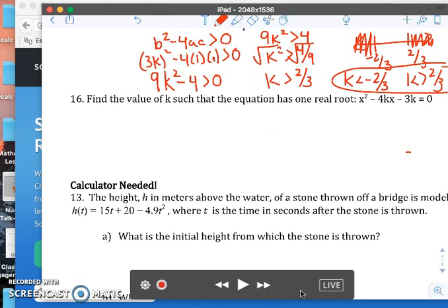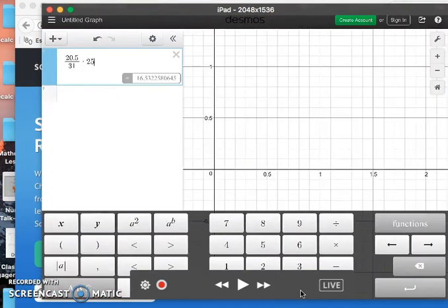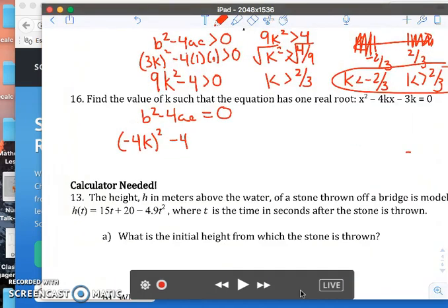And if it has one real root, we know that b squared minus 4ac has to equal 0. So we got negative 4k squared minus 4 times 1 times negative 3k equals 0. So let's see, that's 16k squared plus 12k equals 0.